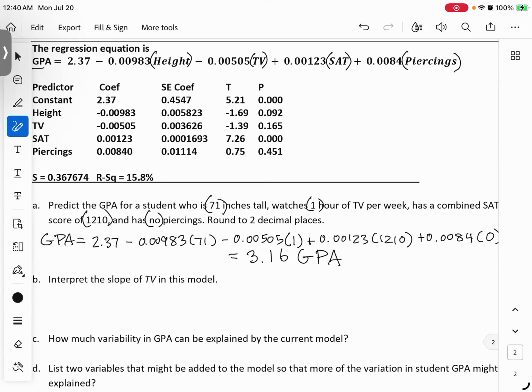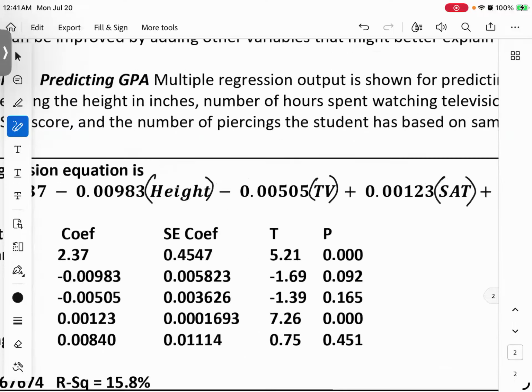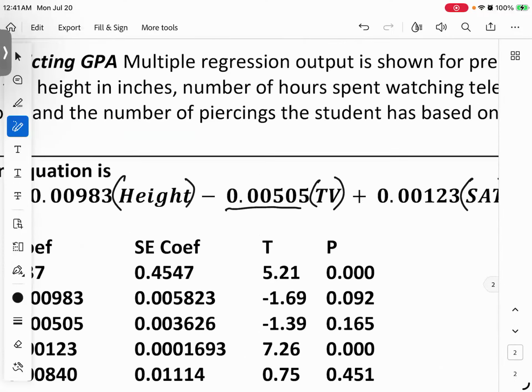But again, it's really cool because now if you're building one of these equations, you can put more variables in, and it'll also at the same time rank which variables seem to be most significant and which ones aren't. Now on the homework test, you'll be asked to do an interpretation of one of the variables, and for part B, they want us to do TV. So again, remember the little trick is we could put that over 1.